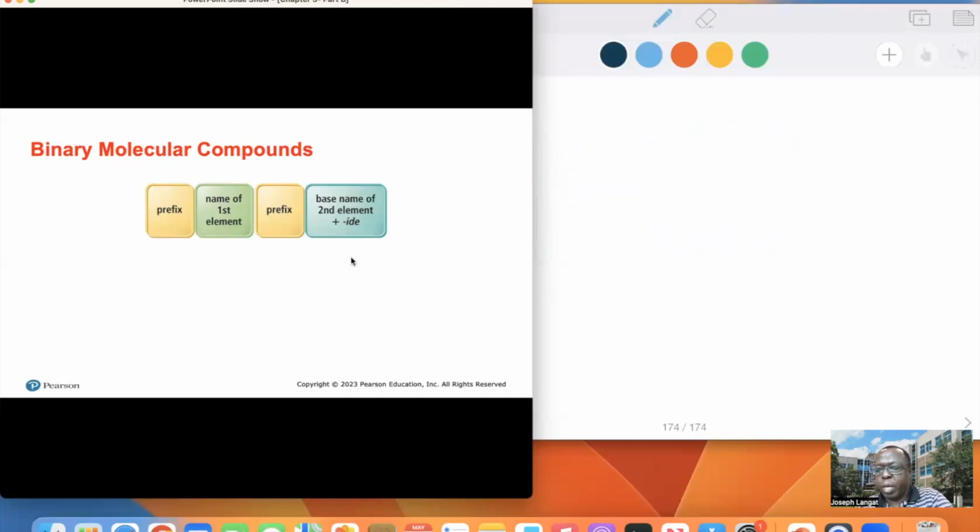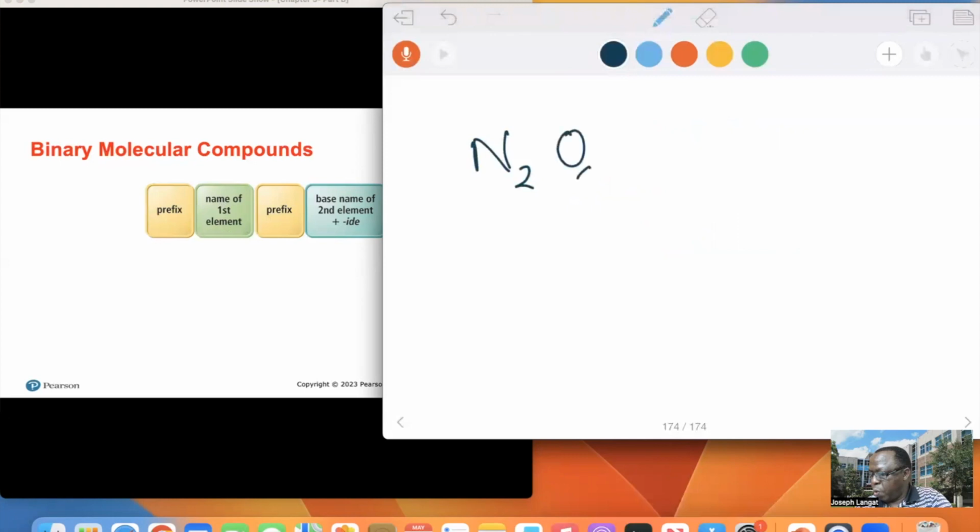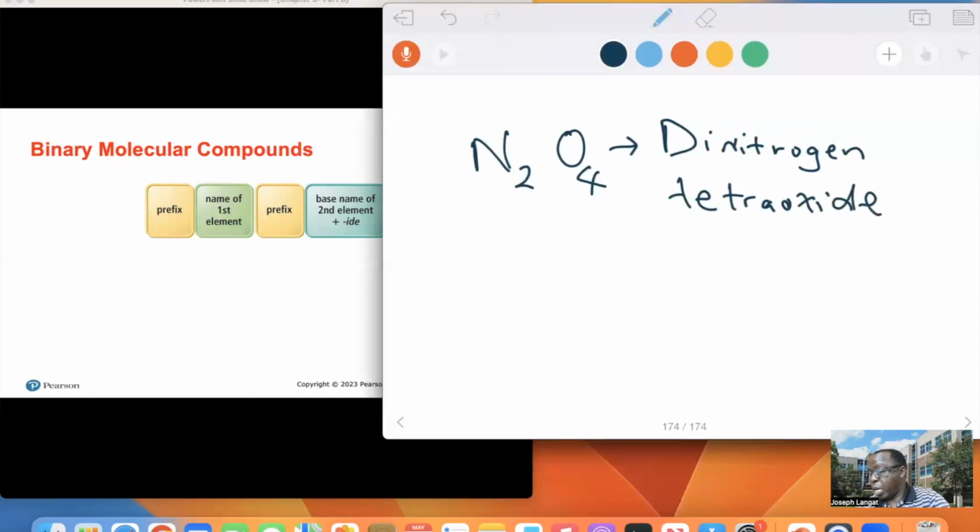For example, here, I can say this is N2O4. This is called dinitrogen tetroxide, or sometimes it could be tetraoxide.